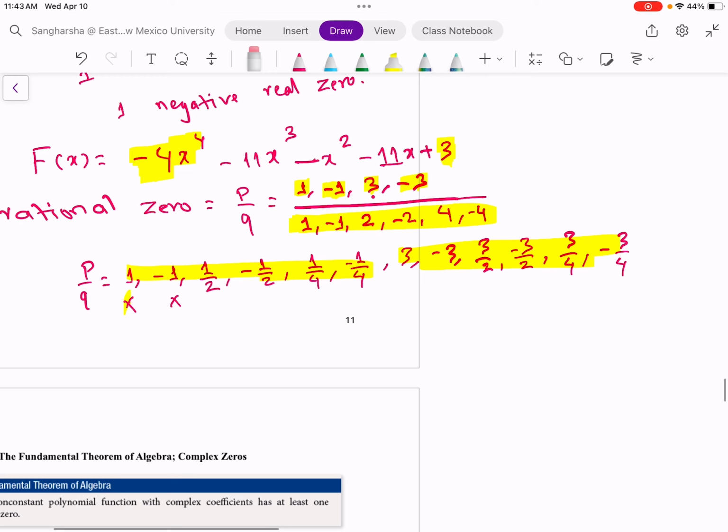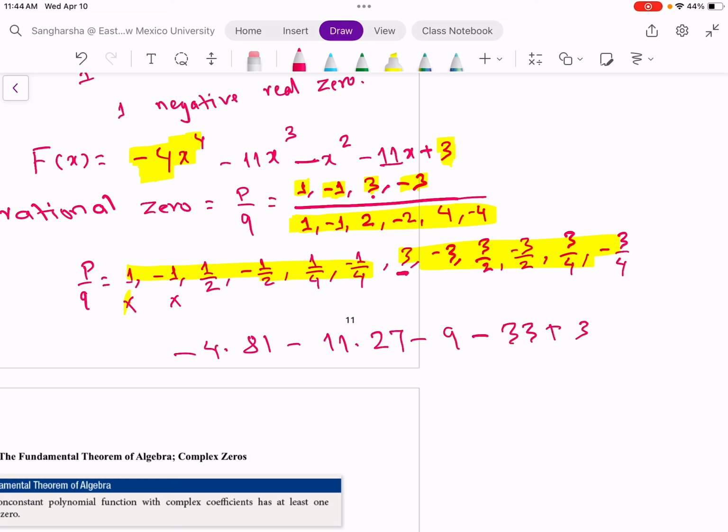So let's go with 3 here. If I'm choosing 3, you choose a different number. So for every x, we have negative 4 times 3 to the power 4. 3 cubed is 27, 27 times 3 is 81, right? So we have 81 minus 11 times 3 cubed, which is 27, minus 3 squared which is 9, minus 11 times 3 which is 33, plus 3.